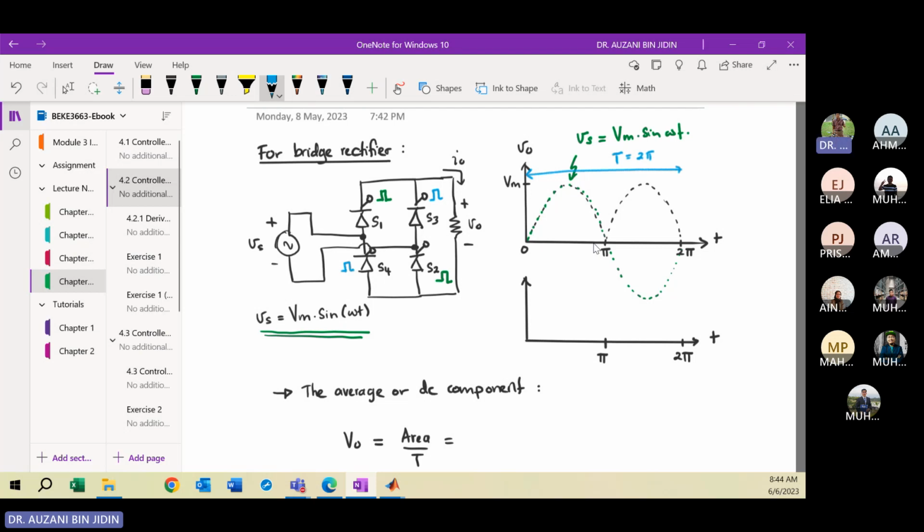Let me sketch it first. Then you need to inject the current pulse to S1 and S2. Let me project the line first.